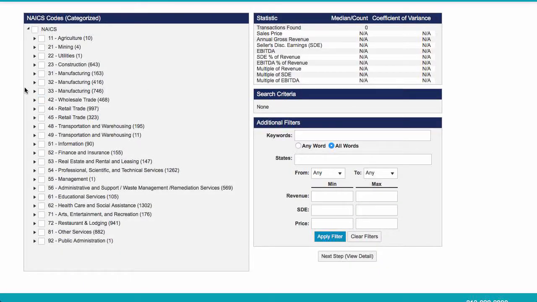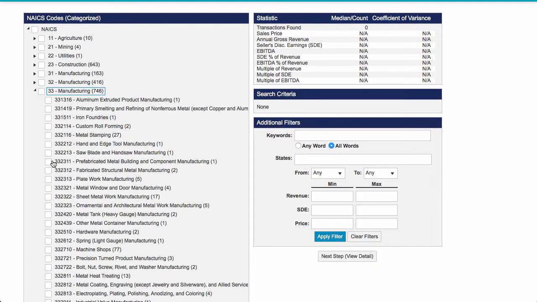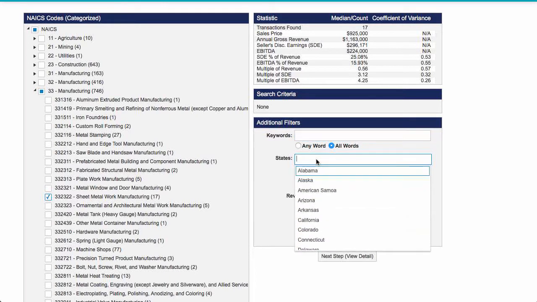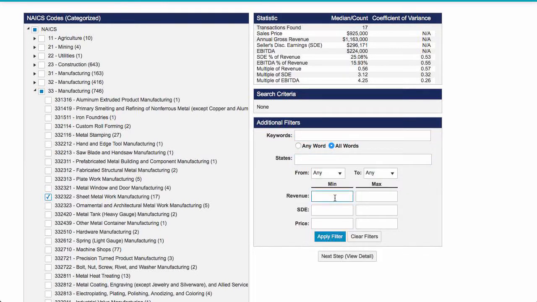In this particular case, I'm going to go ahead and click manufacturing. I can click on metal tank, or let's do something with more comps in it, sheet metal work manufacturing. I can then filter by keyword or state. In this case, let's go ahead and filter by size, and we'll do anything at 2.5 million to as high as 10 million in sales.